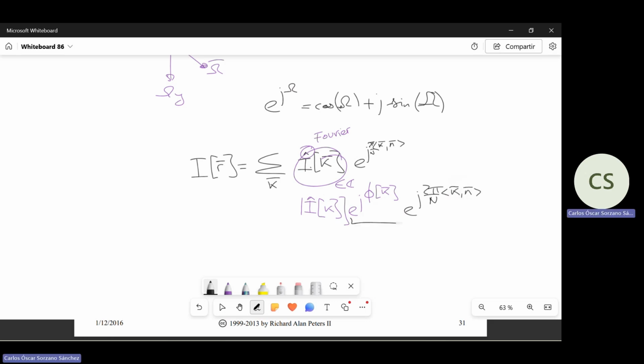So I can put these two complex exponentials together. So it will be the sum over k of the module.